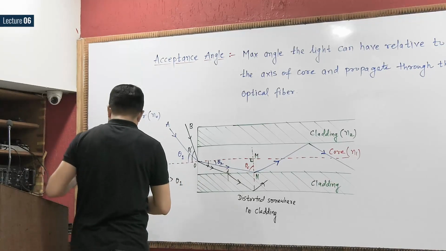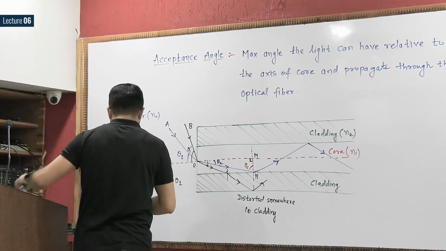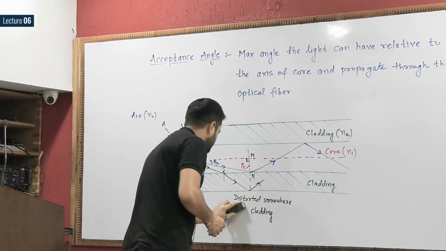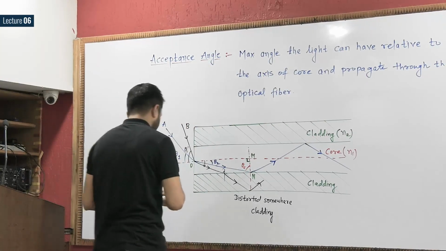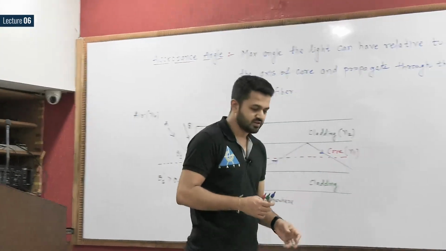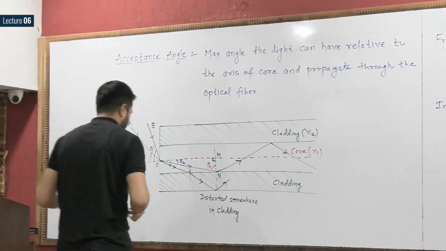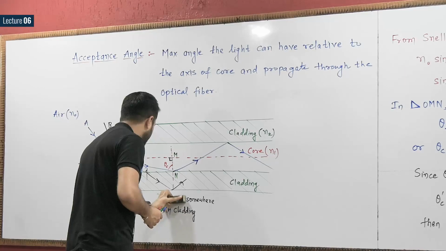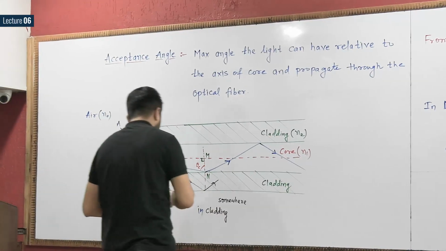Somewhere in cladding it will be lost. We can write "lost somewhere in cladding", not "distortion", that word will not be good.